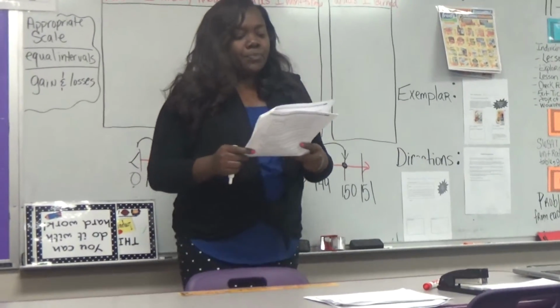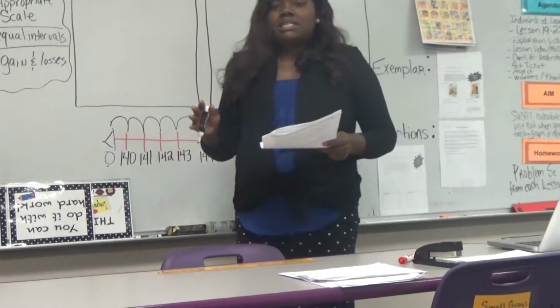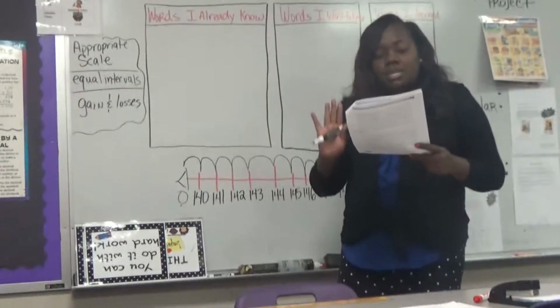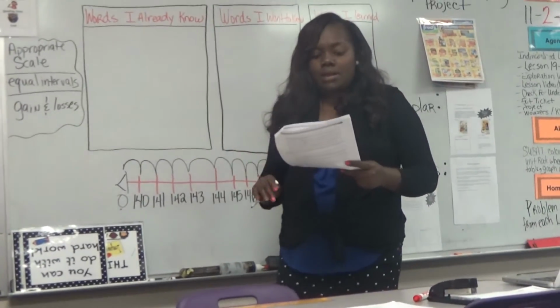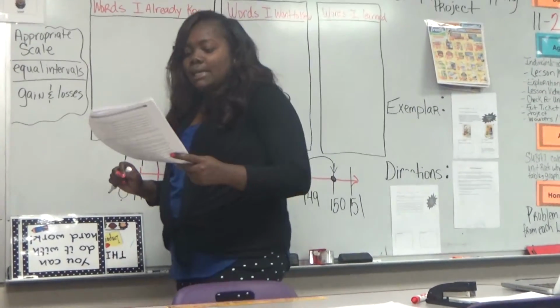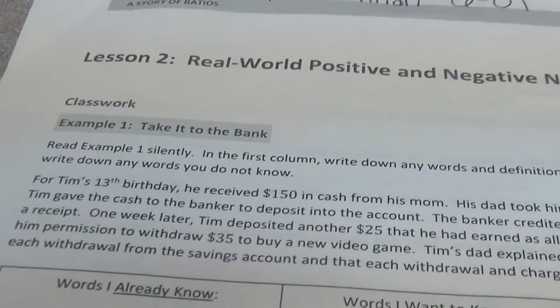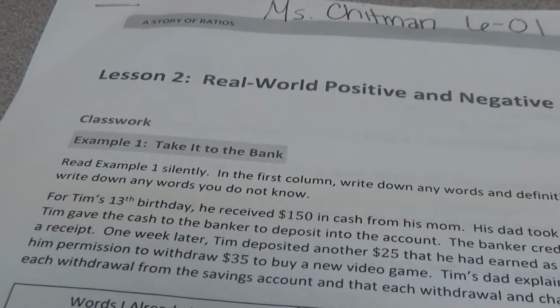All right, so the purpose of this example is for you to understand gains and losses, and so that you understand events in the order that they come in. So let's read. Arya, can you read this for me? Example 1, take it to the bank. Stop right there for me.